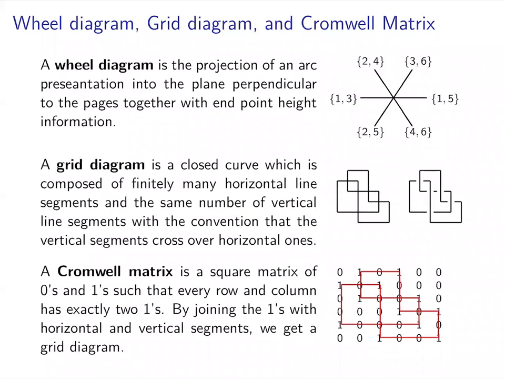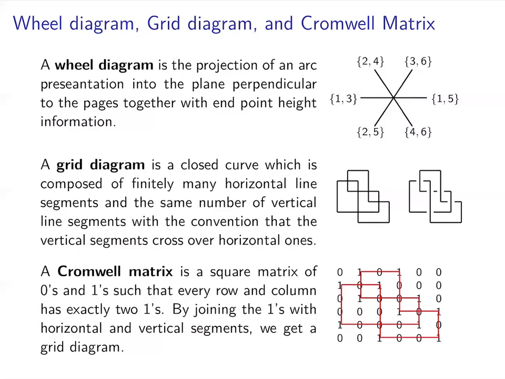First is a wheel diagram. You look at the knot in arc presentation from the top of the z-axis. Then you only get these spokes, and then you put the pair of the heights of the endpoints on the z-axis, and that's called a wheel diagram.